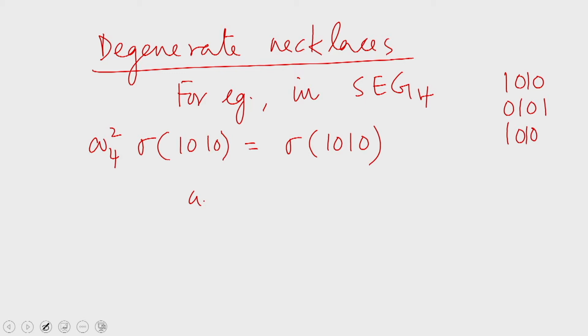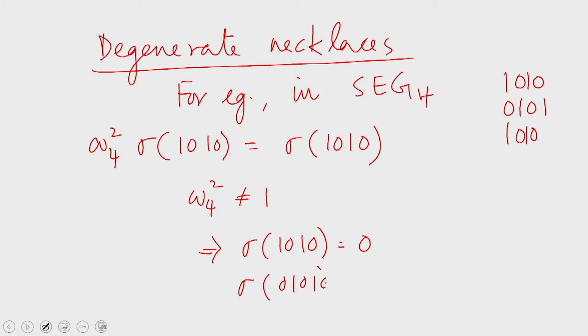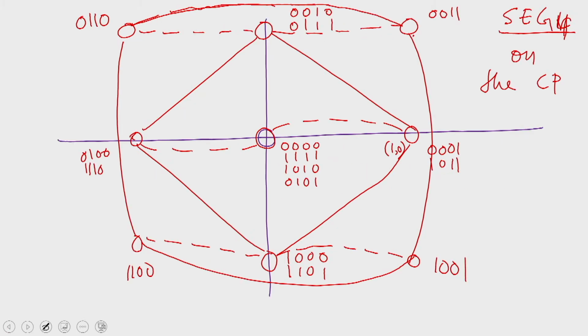Since omega 4 squared is not equal to 1, this implies that sigma of 1010 equals 0. Similarly, sigma of 0101 also is 0. As we saw in the figure, 0000, 1111, 1010 and 0101 all map to the origin. These form the degenerate necklaces.